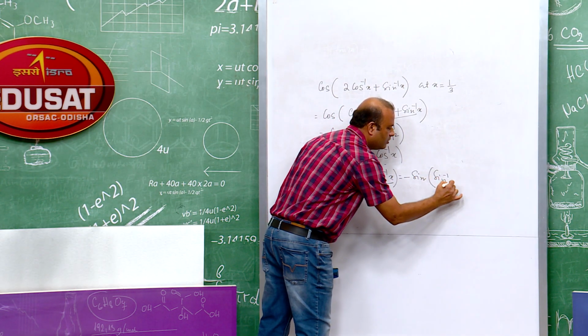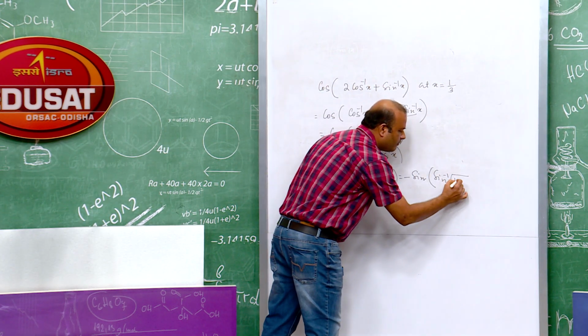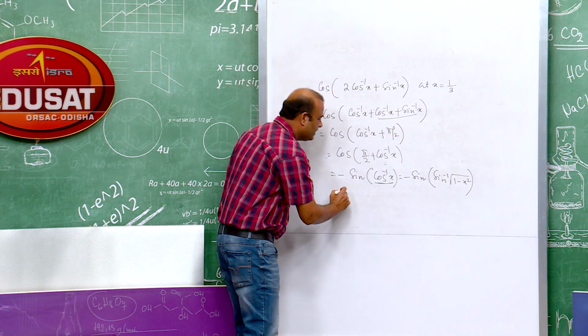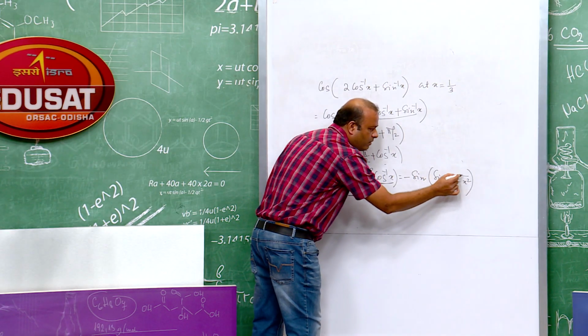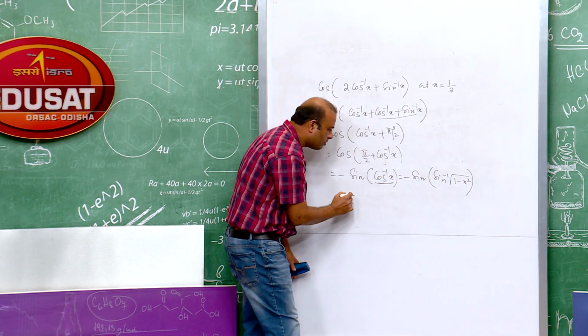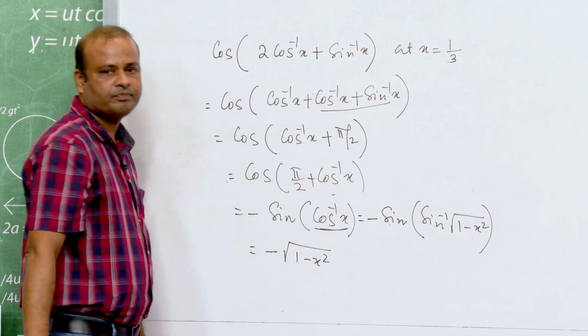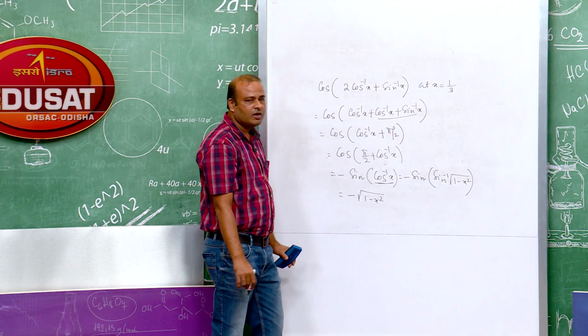Now convert this cos inverse x to sin inverse x because sin is here. Now minus sin of sin inverse root over of 1 minus x square. Now it is minus sin of sin inverse root over of 1 minus x square, which is minus root over of 1 minus x square, right? But it is given that x is equal to 1 by 3.